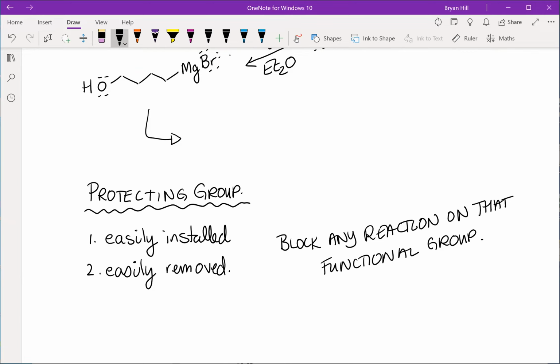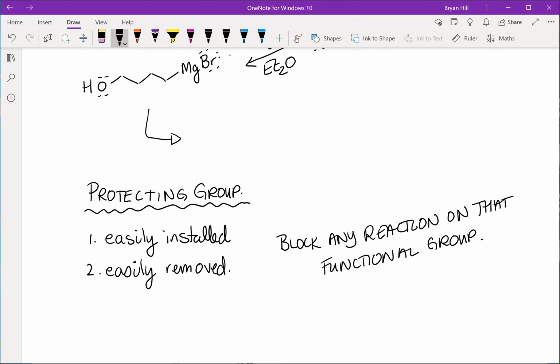So aldehydes have protecting groups, ketones have protecting groups, esters, not so much. I guess there's a couple of them. Alcohols have protecting groups. Thiols will have protecting groups. Any group which is reactive, there's a way of transforming it into something which is non-reactive and then transforming it back to what it originally was.